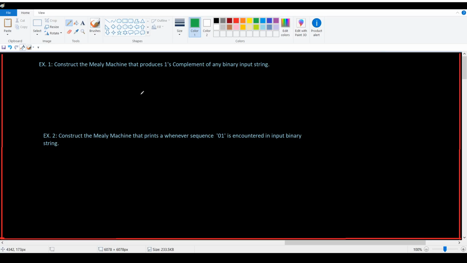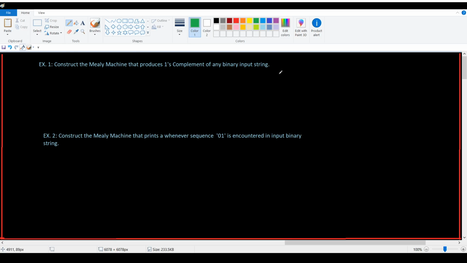Let us see some examples related to the Mealy and Moore state machines. Let us consider the first example. Here they are asking to construct the Mealy machine that produces one's complement of any binary input string. What is meant by one's complement?